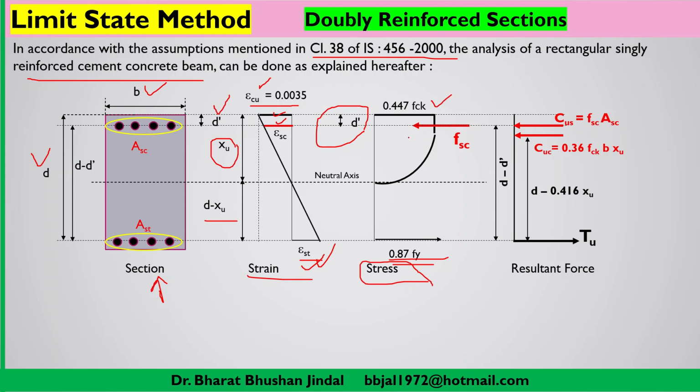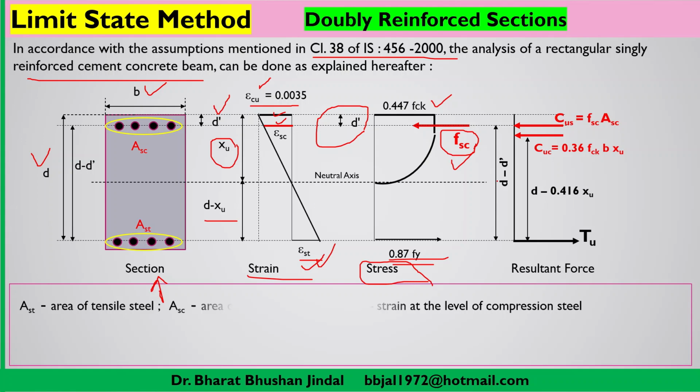This is the stress at the topmost compression fiber in case of concrete. But now we have provided steel also in the compression zone. So here FSC will be the compressive stress in case of steel in the compression zone. So the only new term is this FSC.